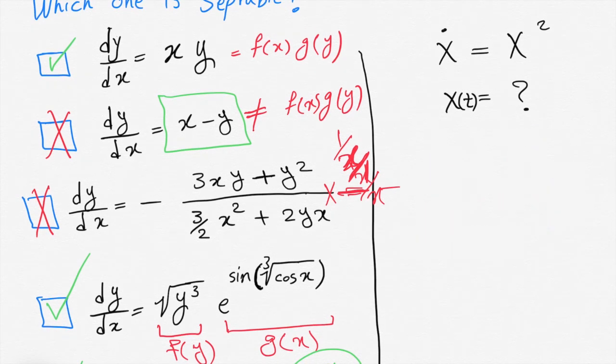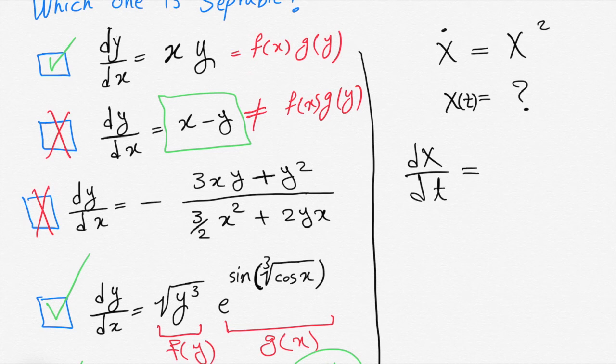So we are going to solve one simple example here. We say we have x dot equals x to the power 2, right? So what is x? It's very simple, probably you are aware of it: dx over dt equals x squared.